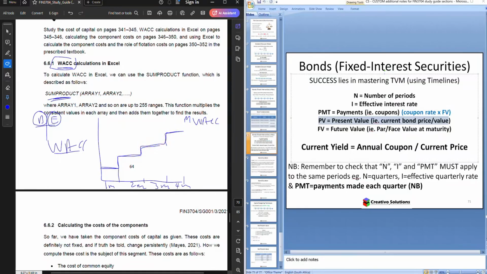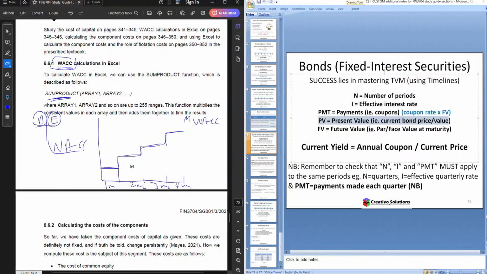Let's have a look at the working. They want you to cover pages 341 to 345. They've introduced the SUMPRODUCT function, which needs an array. We need to definitely draw that up. Let's find an example. It's very short.